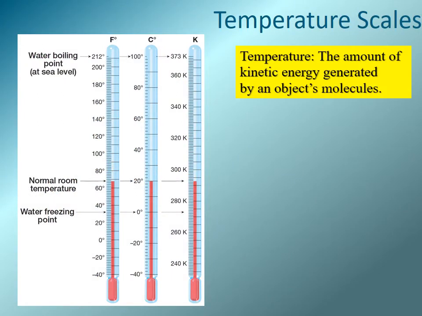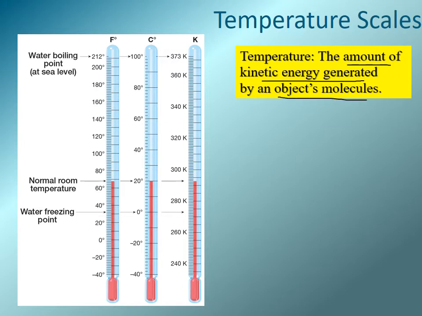So we're going to go into a little bit more specific about how temperature changes from place to place. Before that, I want to talk about temperature itself. You may not have really thought about the true definition of temperature, but really temperature is the amount of kinetic energy developed by something, by its molecules.